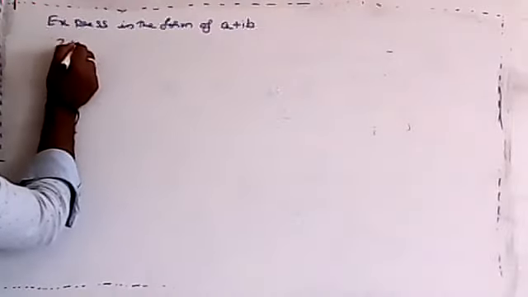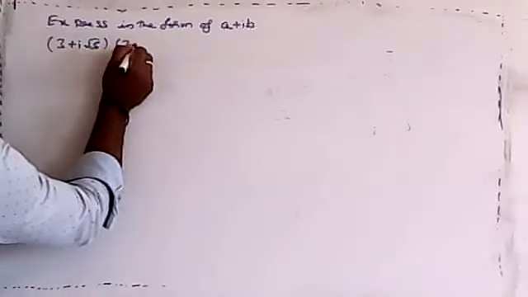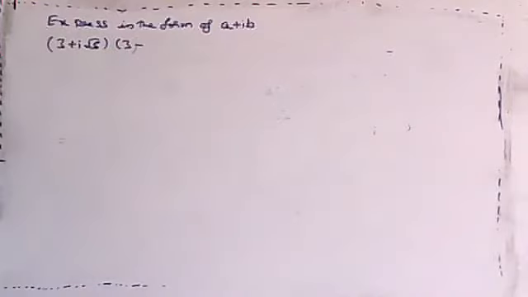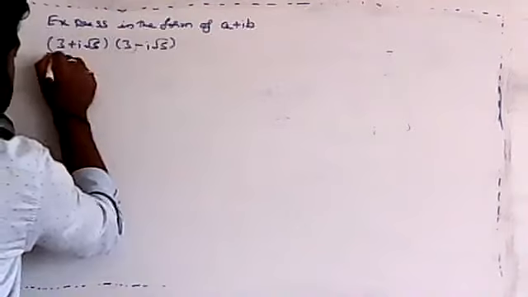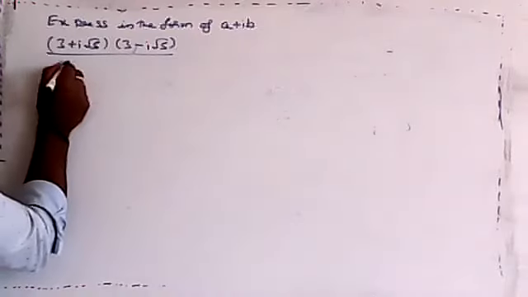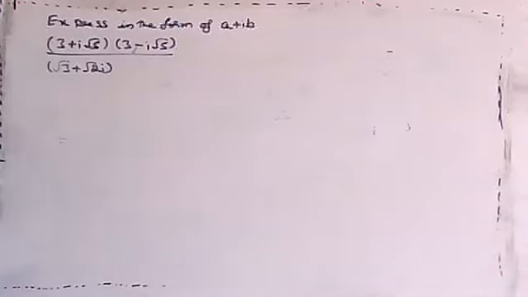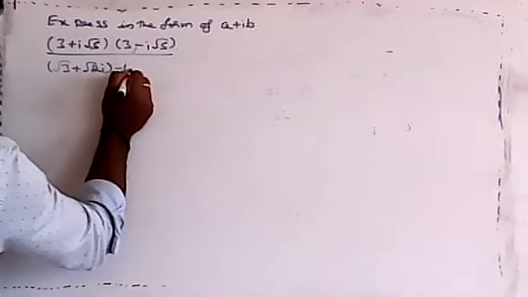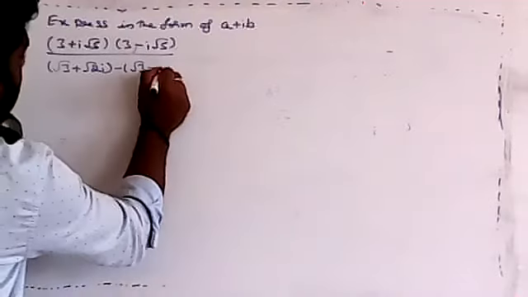3 plus I root 5 into 3 minus I root 5, divided by root 3 plus root 2I minus root 3 minus root 2I.